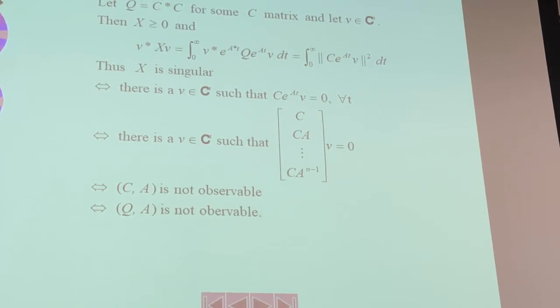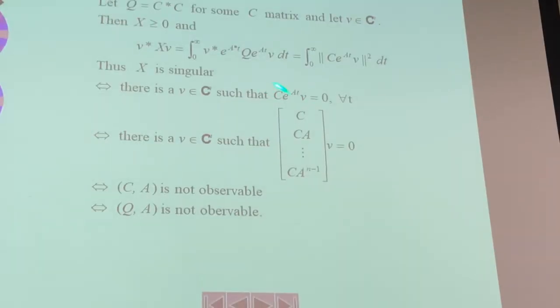So if this is singular, then that means there's a V inside the C to make this singular. This is also saying that if this is singular, that means everything you add another A in here is also singular. It's also 0. So in other words, the pair CA is not observable, and then QA is also not observable.